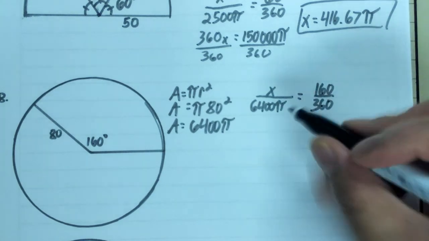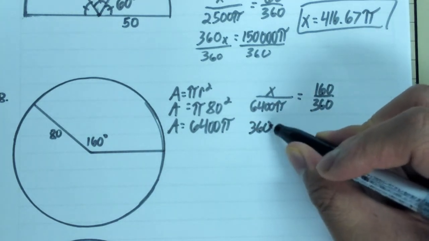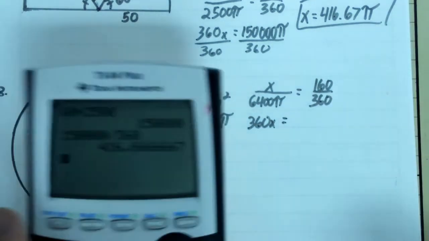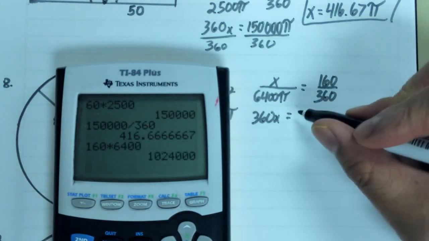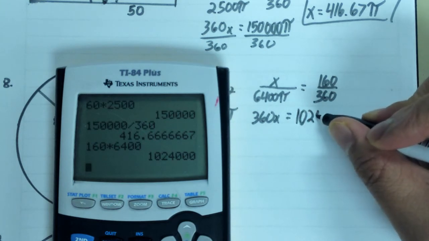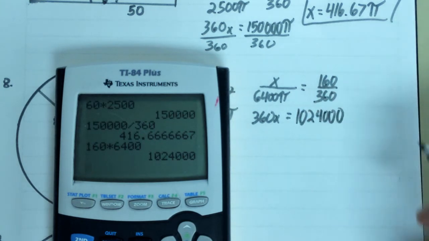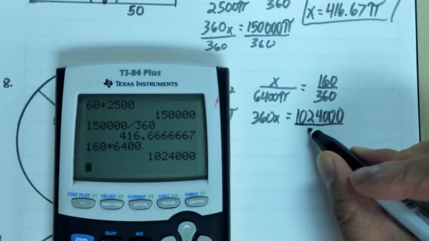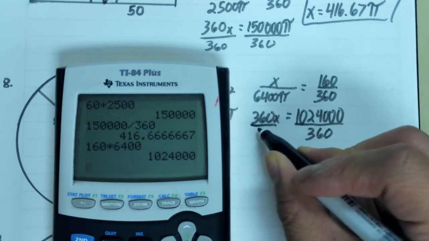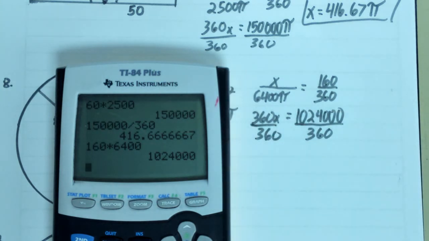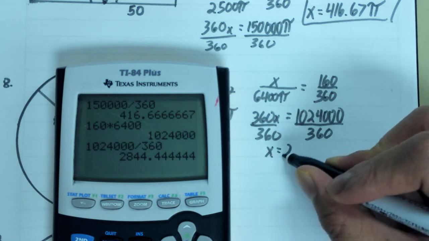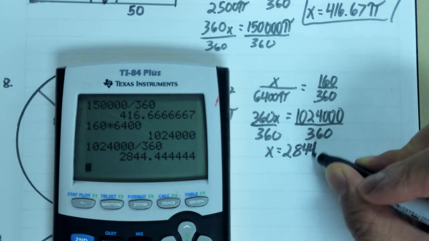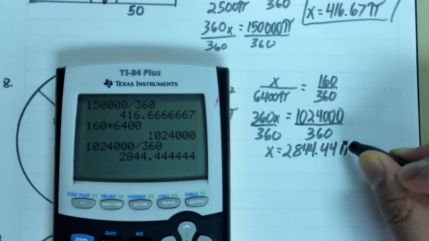Cross multiplying, we get 360x equals 160 times 6400, which is 1,024,000. And last step, we divide by 360. We get x equals 2844.44 pi.